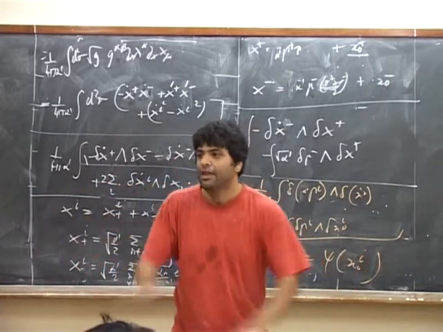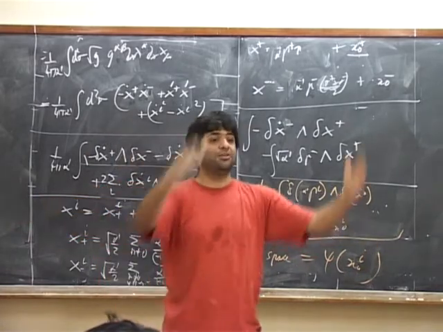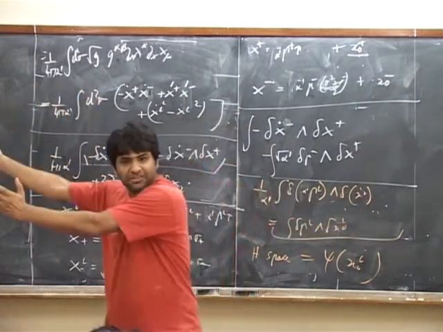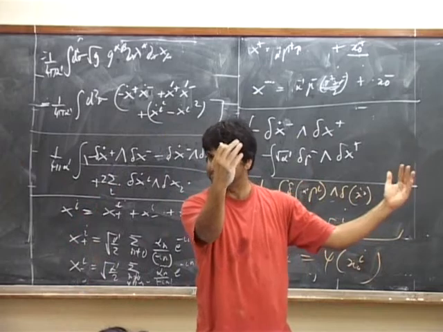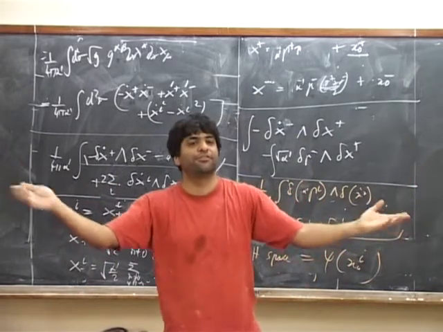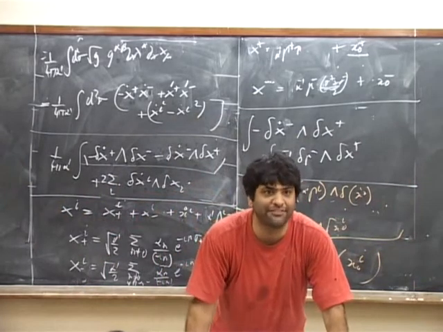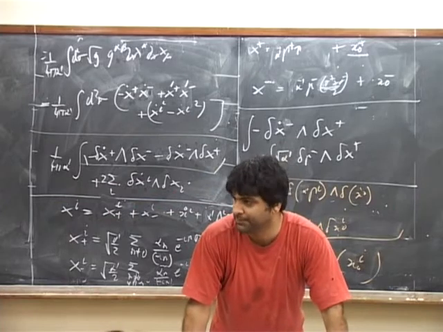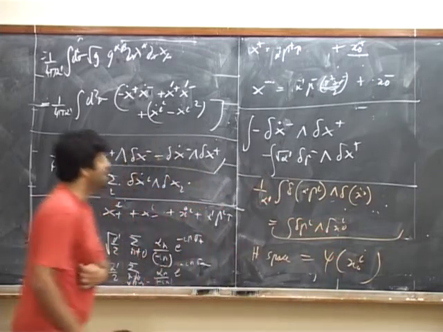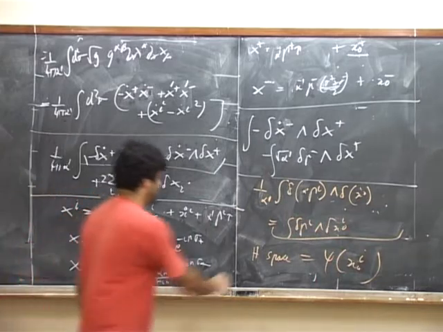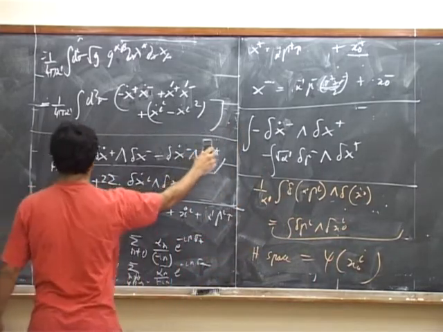We've completely determined that. The quantization of that sector is clear. It's decoupled: the zero modes don't talk to the other things. So we've got one Hilbert space that is just square integrable functions of d variables. Is this clear? Okay. Now, what about the rest? So let's move to that.